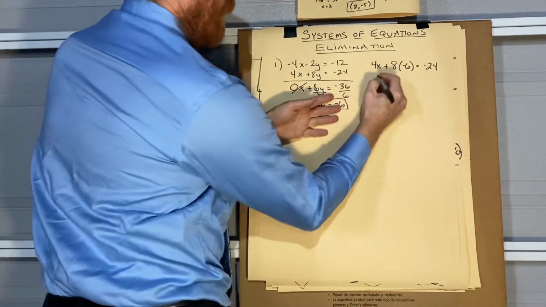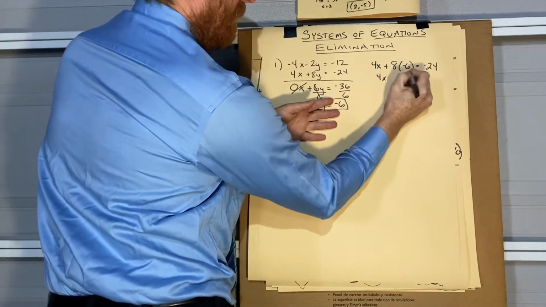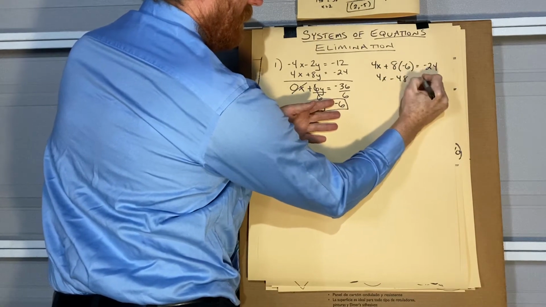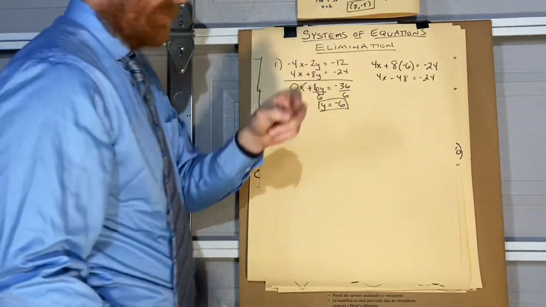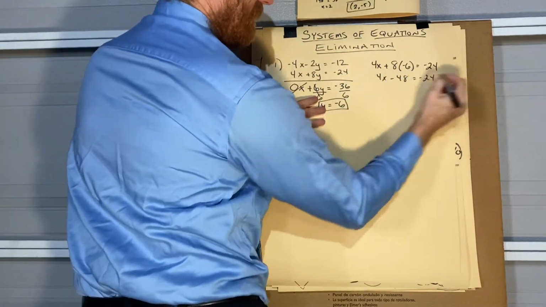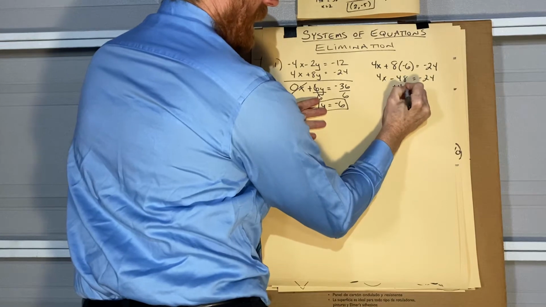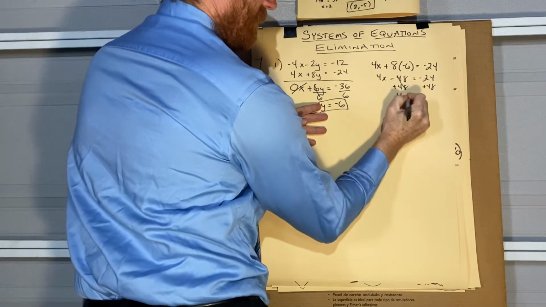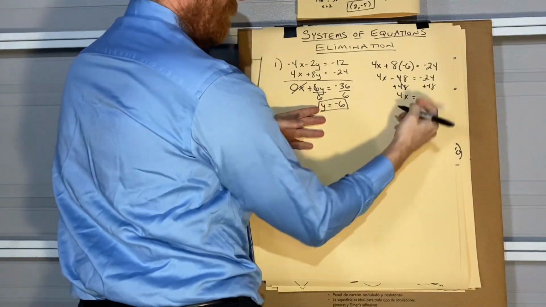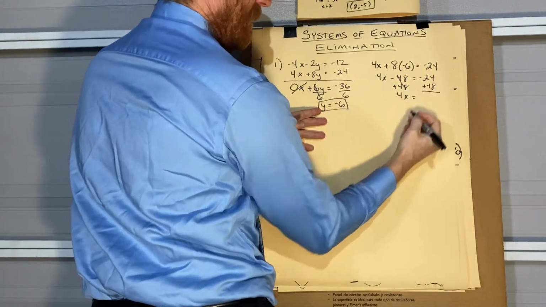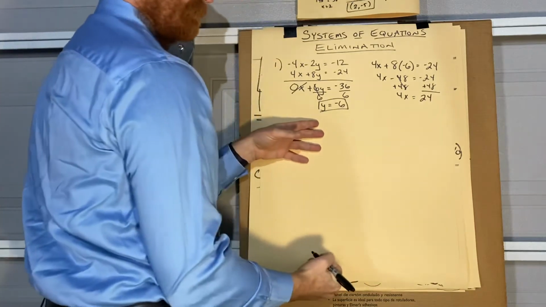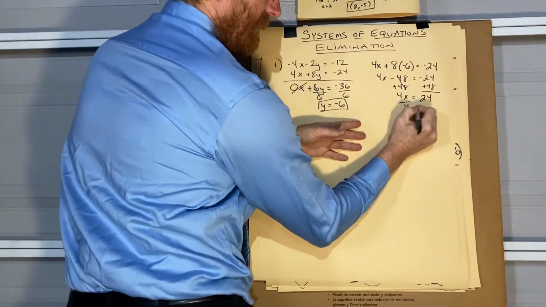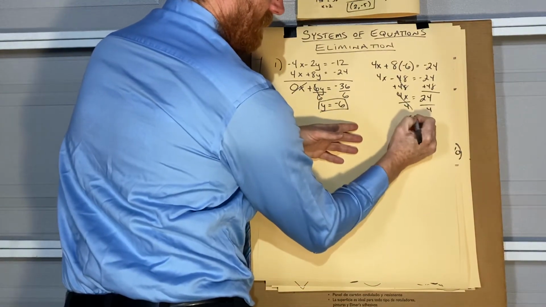Now I can solve for x. 4x, 8 times negative 6 is negative 48, equals negative 24. A simple two-step equation here. Step 1, bring the constant to the other side of the equal sign, add 48, add 48. That's gone over here, leaving me with 4x equals negative 24 plus 48, and I get a positive 24. Divide by the 4 here to get the x by itself, and I get x equals 6.